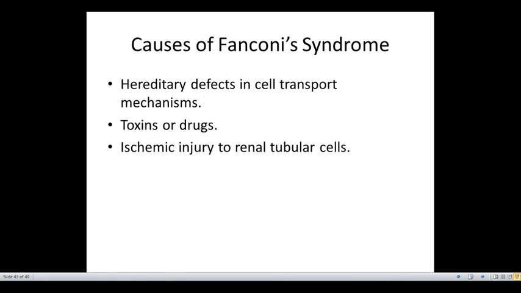The causes of Fanconi's syndrome include hereditary defects in cell transport mechanisms, toxins or drugs, and ischemic injury to renal tubular cells.